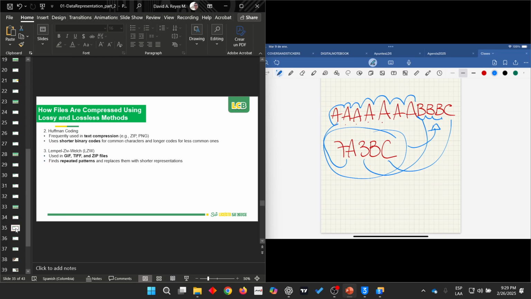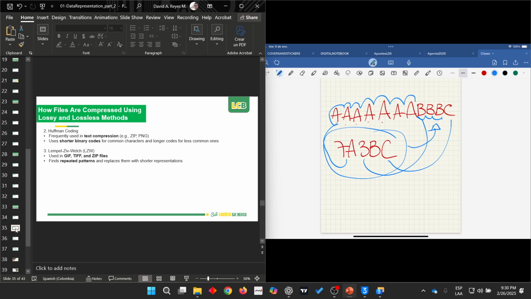Huffman coding. This is the method that is used in text compression. It uses shorter binary codes for common characters and longer codes for less common ones. It is pretty similar to the previous one, but obviously not the same.